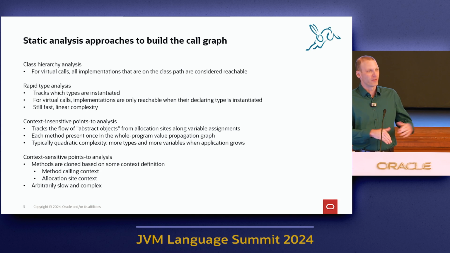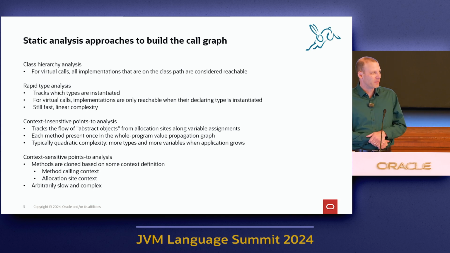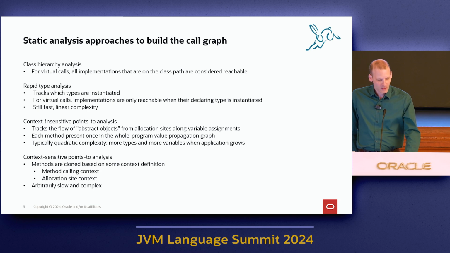Then you have every method not only once, but arbitrarily often. And obviously, the more complex your context is, the slower your analysis gets. You cannot give a complexity bound anymore, because in theory, you can clone every method for every possible path, which is clearly not really feasible.